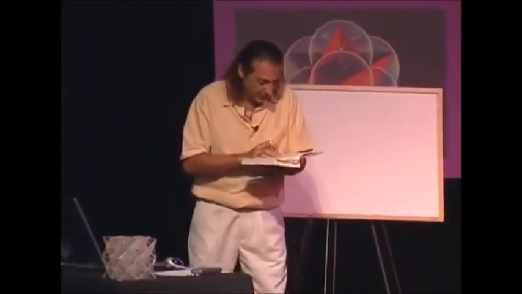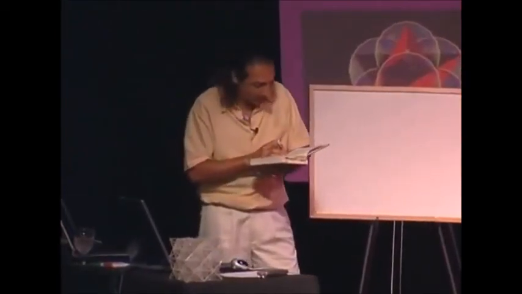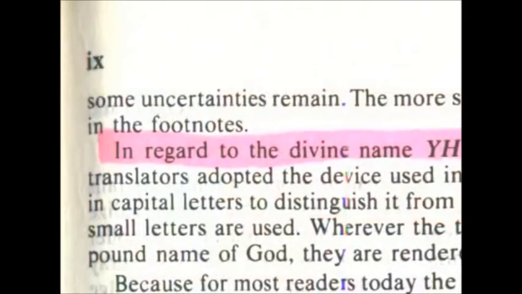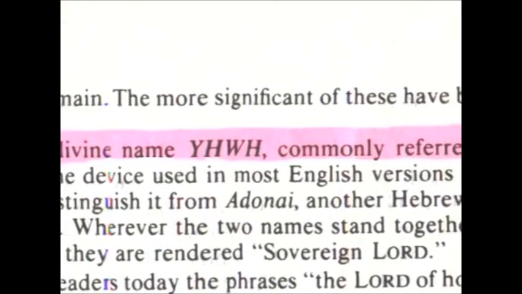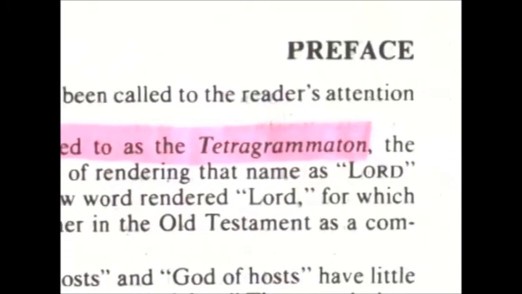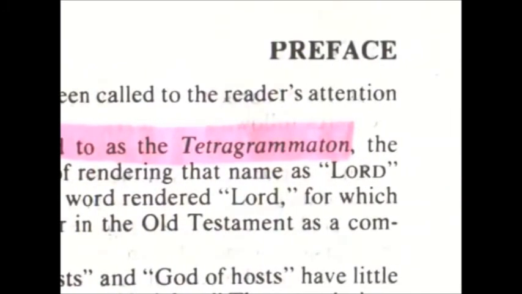I started reading it, and I found the answer. And it says right here that the name Yahweh, the divine name Yahweh, YHWH, is currently the translation or is used as the Greek terminology, the Tetragrammaton.